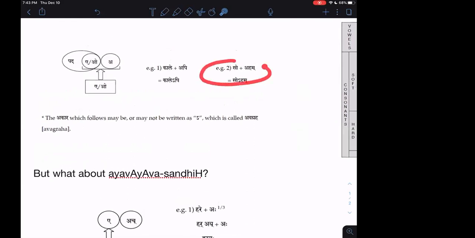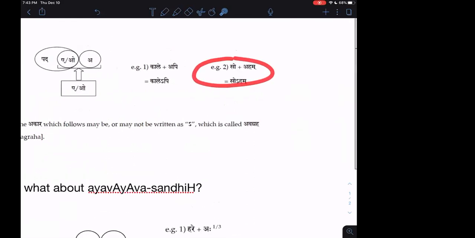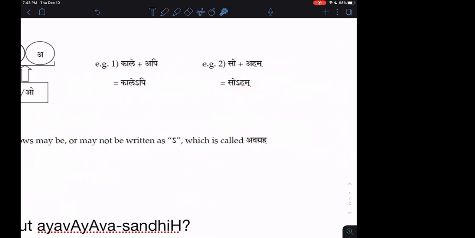Now, if you look at this example, we've seen this elsewhere before too. We've seen this in visarga sandhi. Shivaha plus aham becomes shivoham. So we've actually seen this.